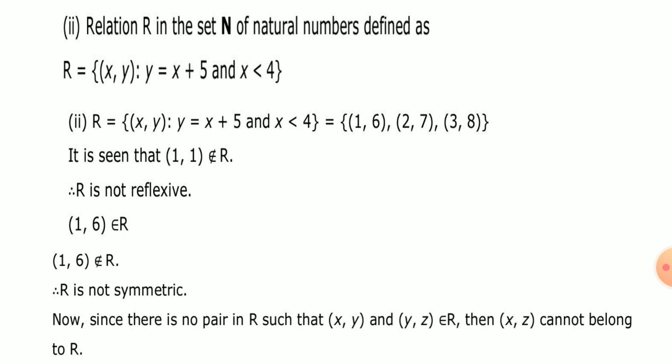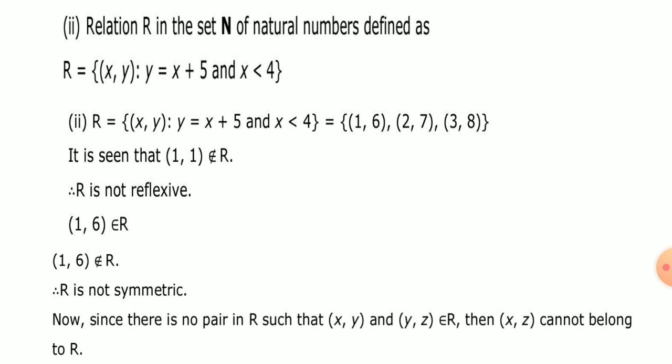Let x equal to 1, so y is equal to 1 plus 5, which is 6. The first pair is (1, 6). Let x equal to 2, then y is equal to 2 plus 5, which is 7. The second pair is (2, 7). Let x equal to 3, then y is equal to 3 plus 5 equal to 8. The third pair is (3, 8). So by the listing method, the relation R is equal to {(1, 6), (2, 7), (3, 8)}.